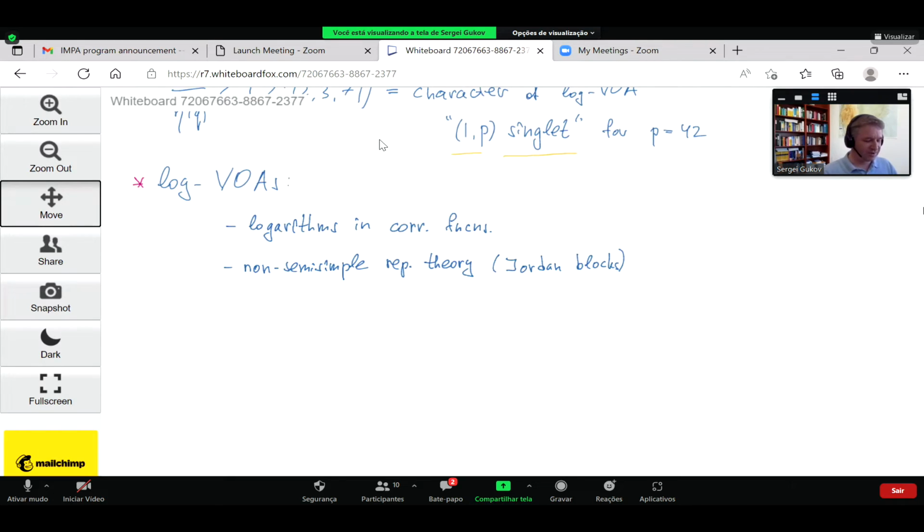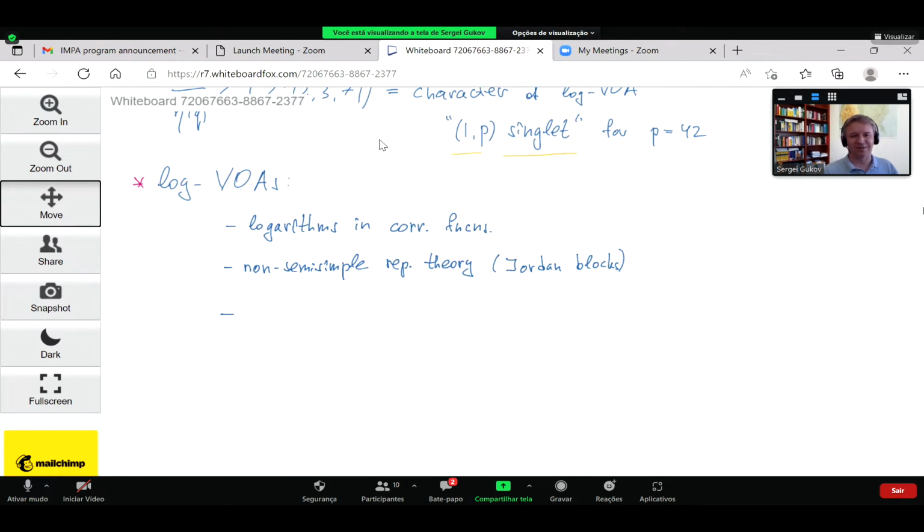There is a third sense in which logarithmic VOAs have logs, which is perhaps more related to what we're discussing so far. If you look at their characters, you know that for a usual vertex operator algebra, characters transform as vector-valued modular forms.